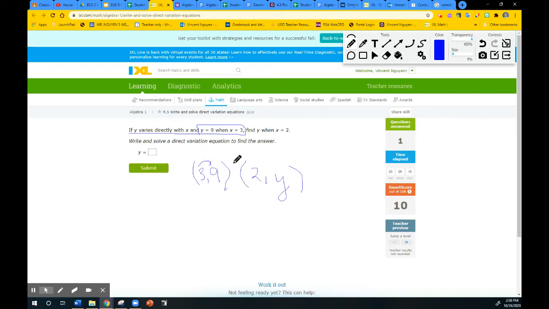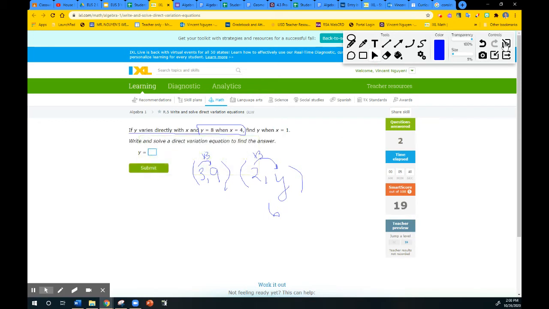What numbers did you multiply? Remember, we're talking about multiplying. Well, 3 times 3 is 9. That means I'm going to multiply by the same number here. 2 times 3, I would get 6. So y is equal to 6. So I go over here and type in 6, and that should be my answer.